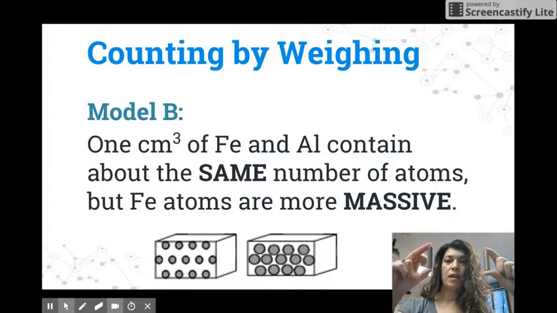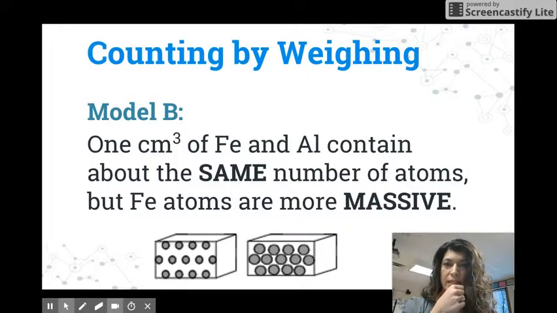And what we notice here is that they have the same number of atoms, but the size of the individual iron atoms is bigger. If you look at the pictures, there are the same number of circles, but you'll notice that the circles for the iron are a lot larger than the aluminum. So that's a second possibility. The first one is saying that we end up having the same number in mass.